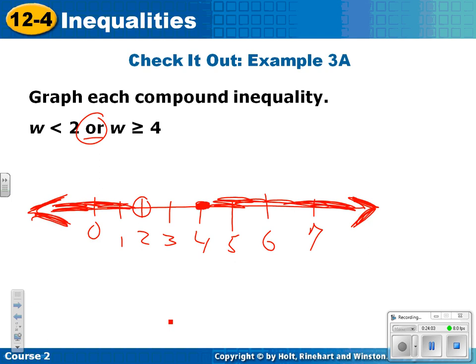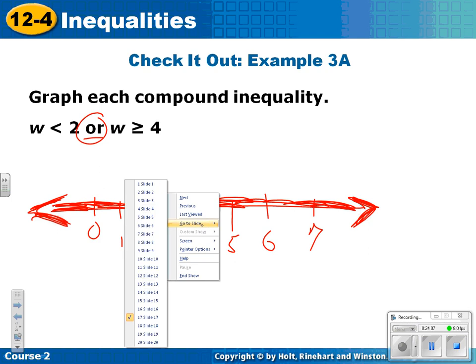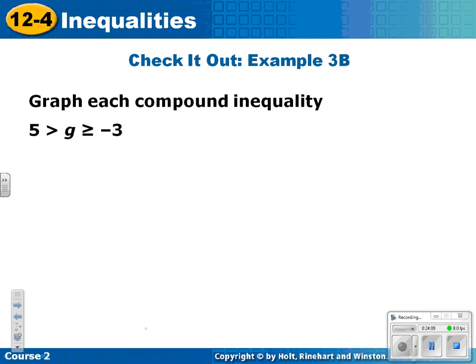If you don't see the or, chances are your problem is going to be one of these things where you're going to have in between. Okay? Now, what should I do first on this problem?